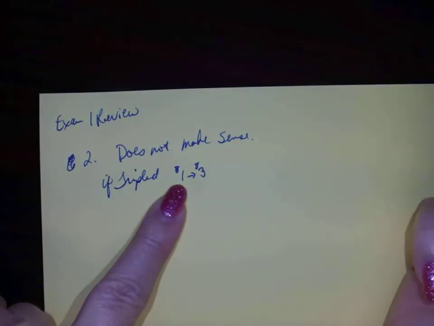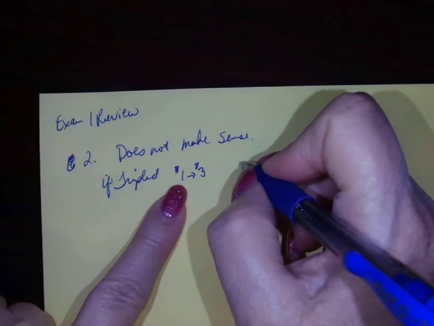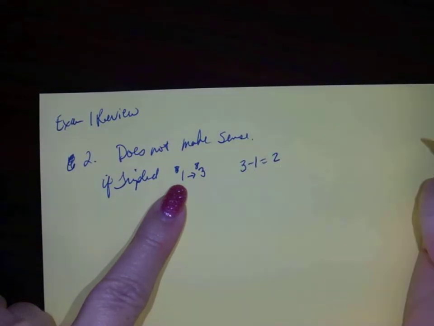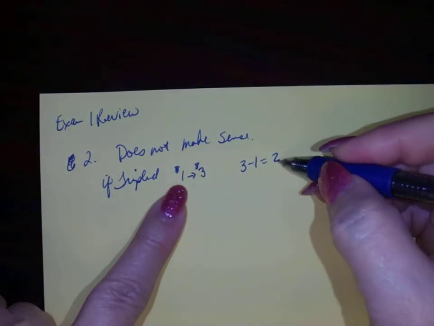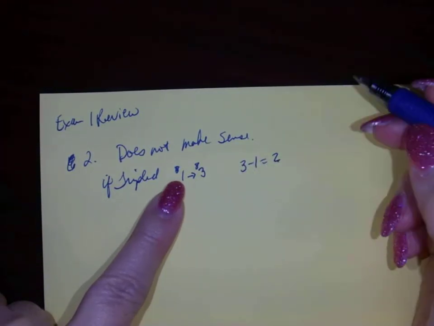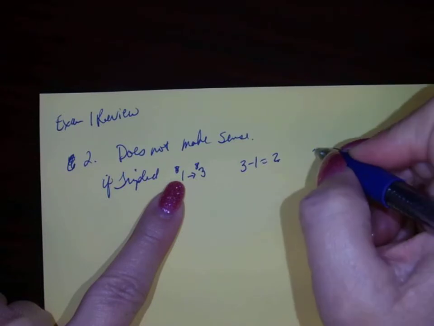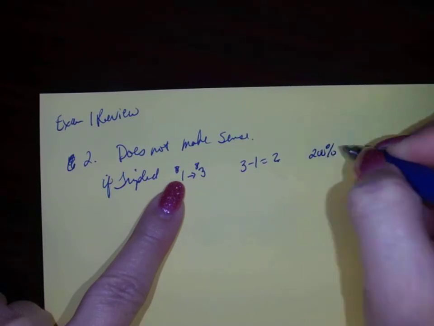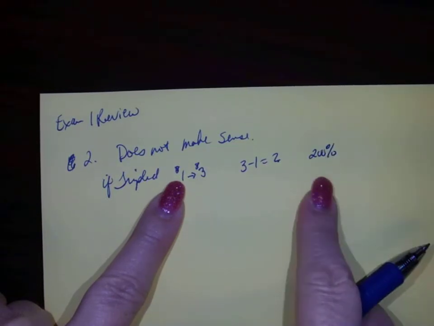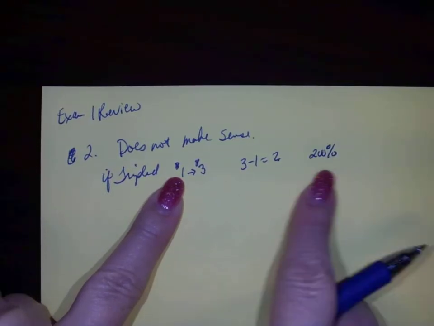If it tripled. Now the increase in this is 3 minus 1, which gets you 2. And 2 compared to the 1 is a 200%, not a 300%, right? So we talked about that before.